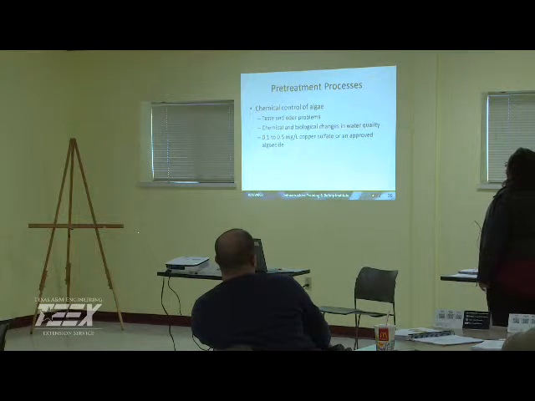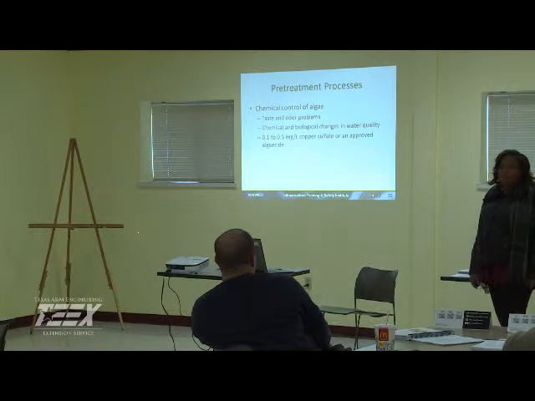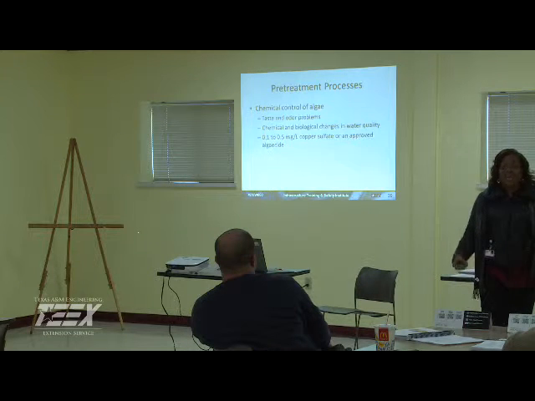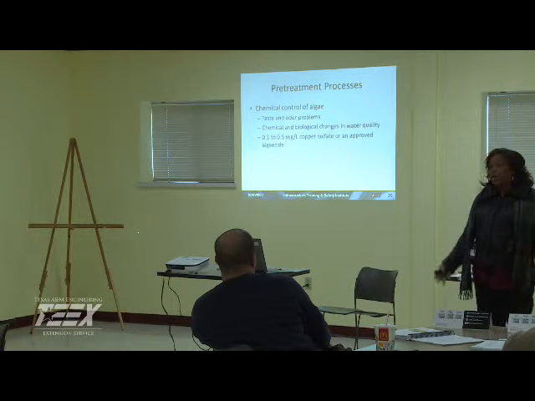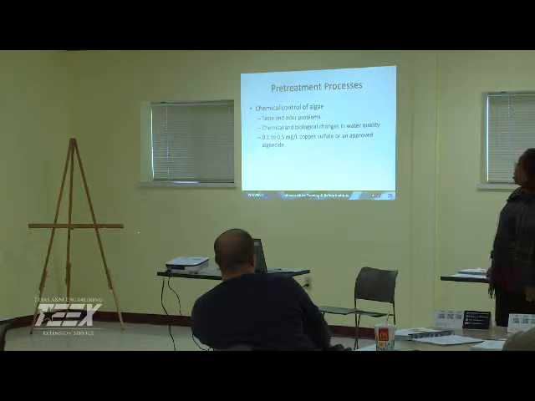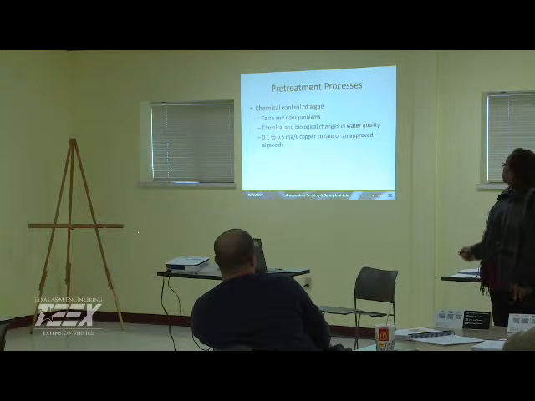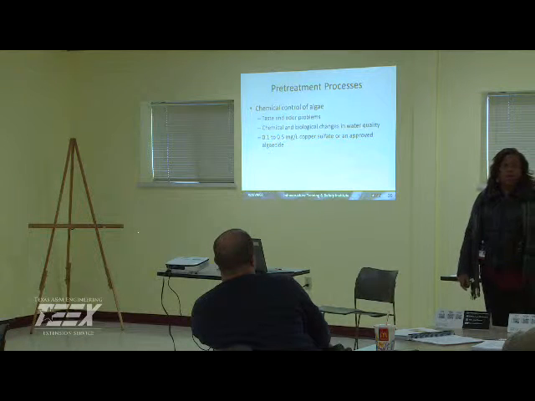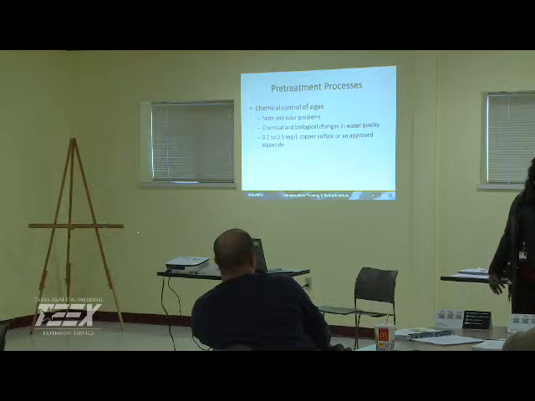Chemical control of algae can produce taste and odor problems. Algae die, the decaying organic matter will create all kinds of havoc with taste and odor. So it can also chemically and biologically change the quality of the water. So we want to make sure that we're able to do something to rectify, to mitigate this.